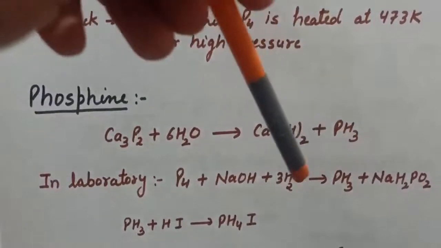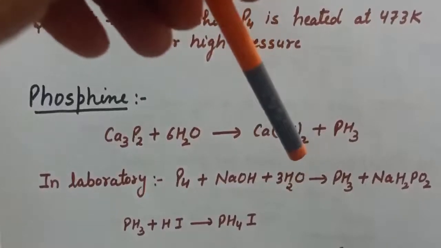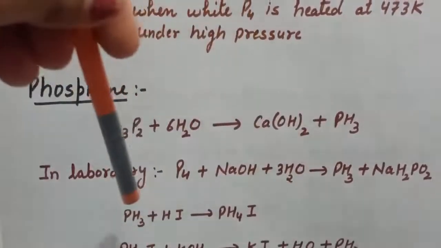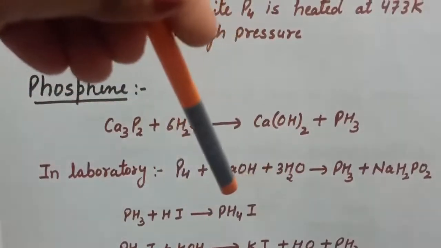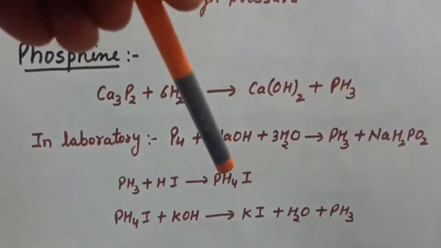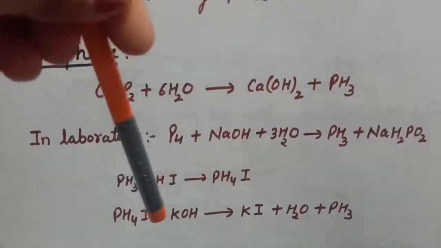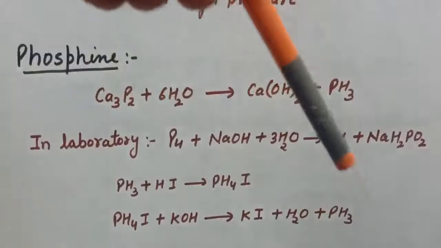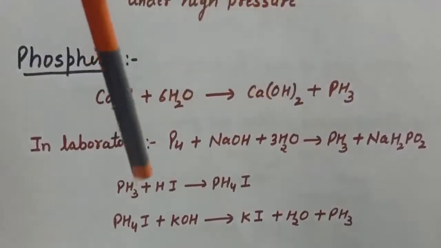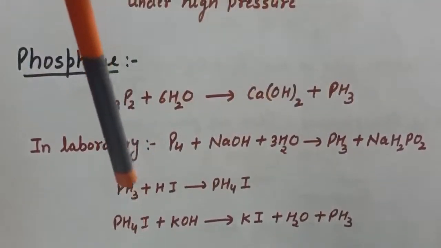To remove the impurities of P4, first this PH3 is absorbed in HI solution and it will form a complex, PH4I. After that, when we treat this PH4I with KOH, we get our pure phosphine. So this is the method by which we can prepare phosphine.